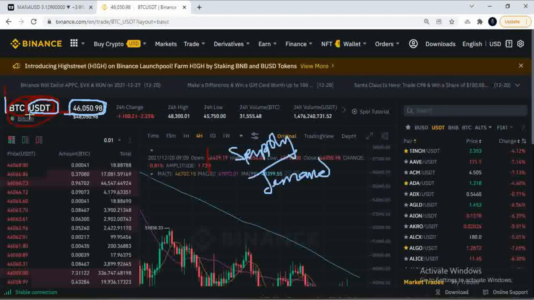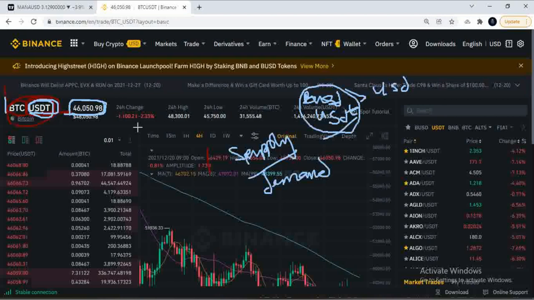So USDT is a stable coin. We look at some stable coins we have: BUSD is a stable coin, and USDT is a stable coin, which is backed or pegged to the USD. With respect to USD, the value in your local currency is also pegged to that.